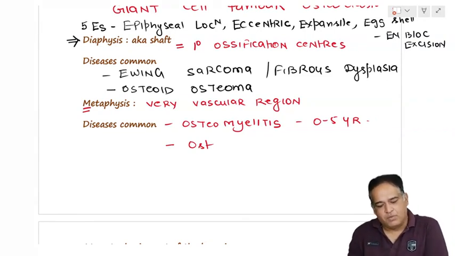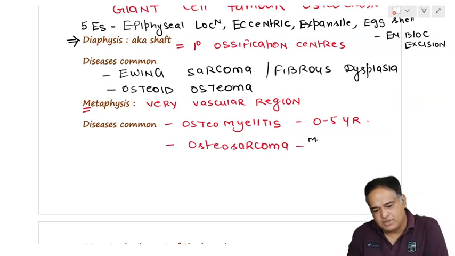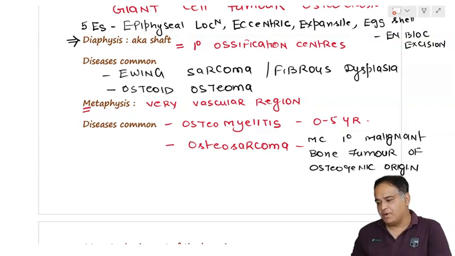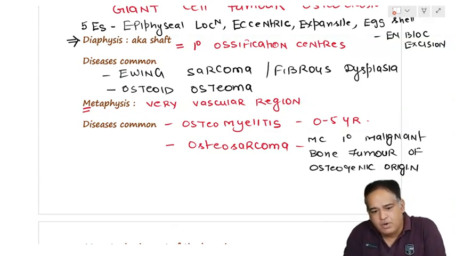Okay. Now, then osteosarcoma. What is special about osteosarcoma? It is the most common primary malignant osteogenic bone tumor.